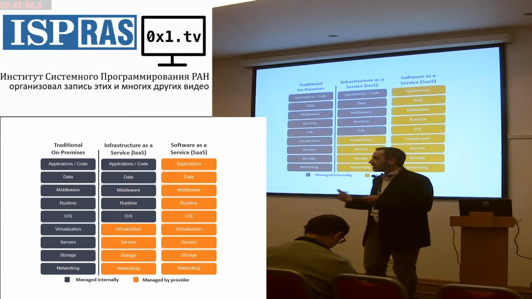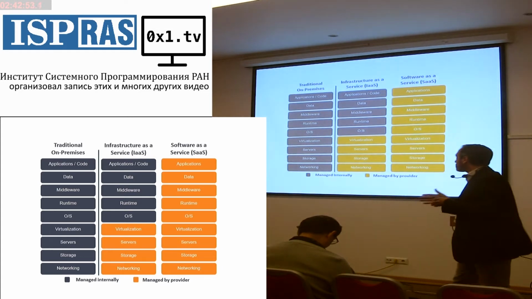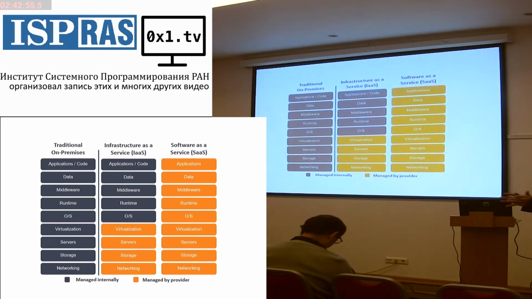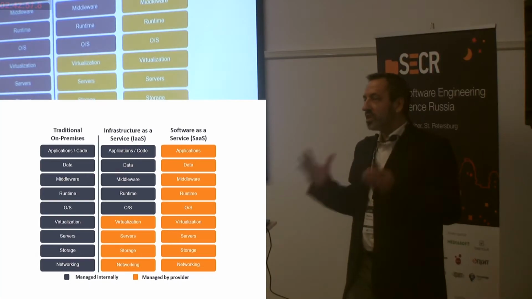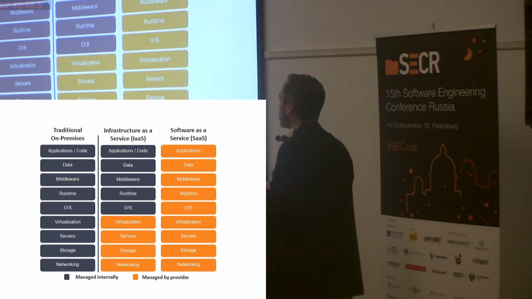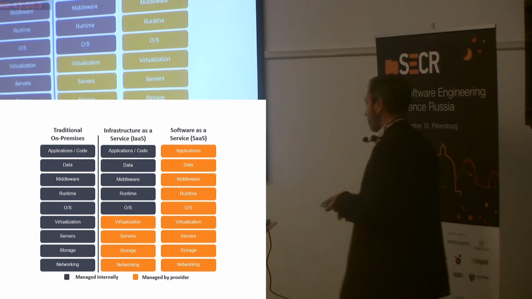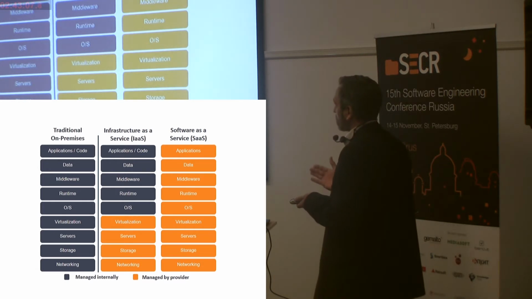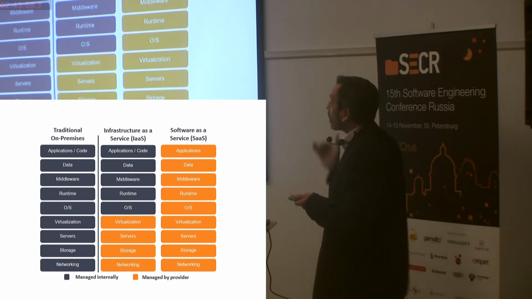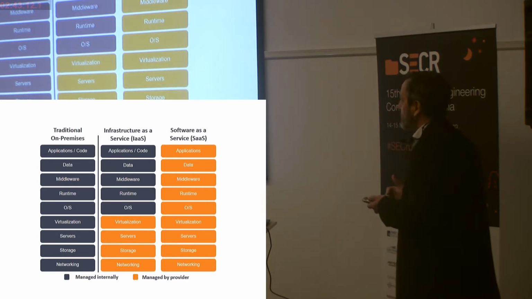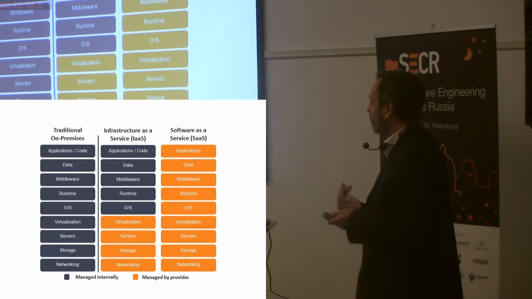So this is what we call infrastructure as a service. So that means that we are delegating all the infrastructure parts of the IT stack to someone else who is an expert in that domain. So that's great, but there is still a lot of pieces in my stack to manage, and these stacks are quite complex as well.